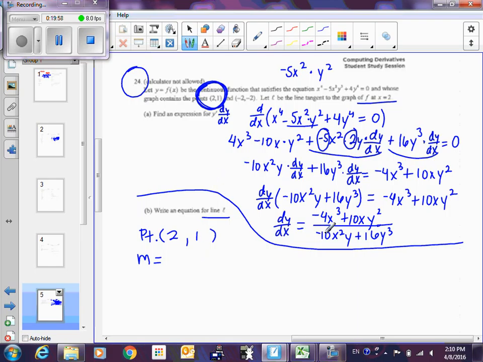Okay, slope. We're going to use our derivative here. So I'm going to go -4 times 2 cubed. Make sure that you get all your squareds and your cubes and negatives and all that. I'm just plugging 2 in for x, and I'm plugging 1 in for y.